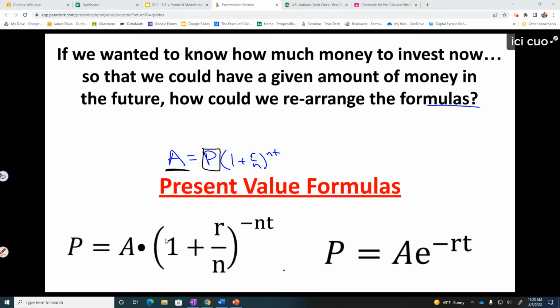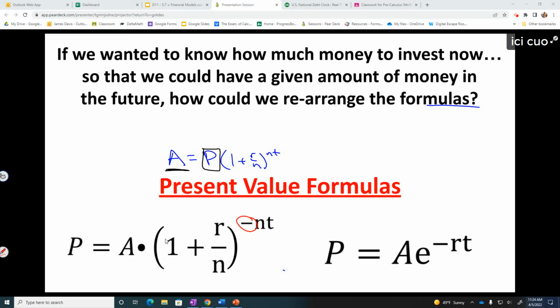But these are our present value formulas. It's the same formula we've been using, it's just we solved for the P. Before it was A equals, and now we've switched around, and we've got P equals. The only thing that's different is there's a negative symbol up here, and we switch the A and the P, because a negative in an exponent means it goes to the bottom of the fraction.